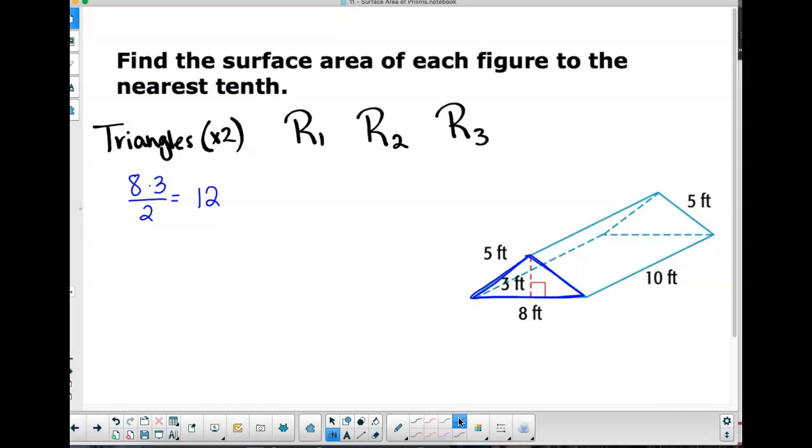So what do I have to do to that number? Caleb. Times it by 2. Okay, so the triangles is 24. Everybody agree with that? Okay, grab a different color. Okay, and let's outline this bottom rectangle.